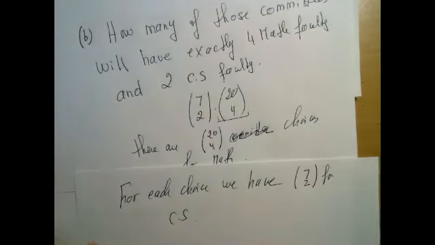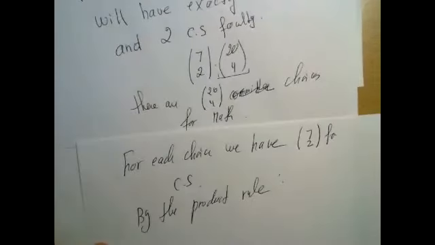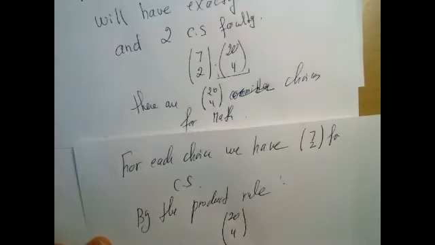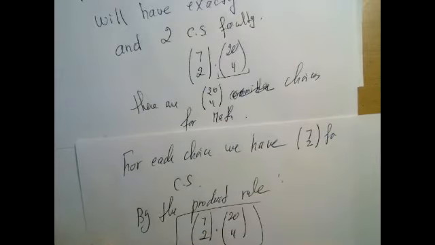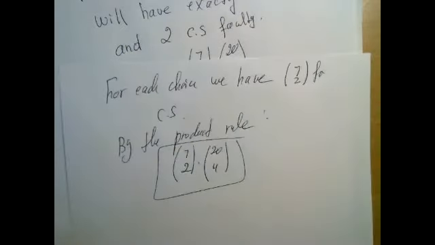So by the product rule, or the multiplication rule, the total number will be just the product. That many choices for math, and every time I pick those 4, I will have that many for the CS, and that would be the product of those.